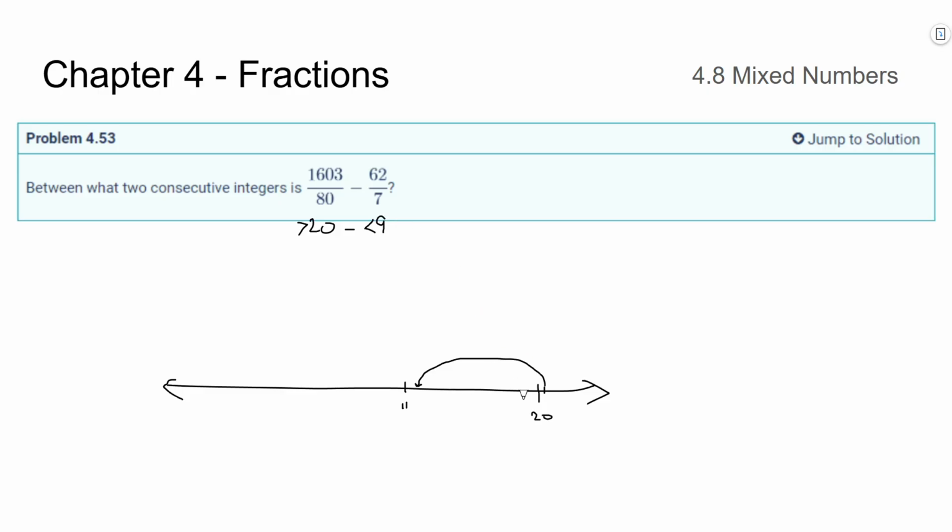Because if we only took away 8, then where is 12? So let's say 12 is right here. If we took away 8, then we'd be right here. If we took away more than 8, a little bit less than 9, so almost 9 but not quite 9, which means it's going to be in between 11 and 12.